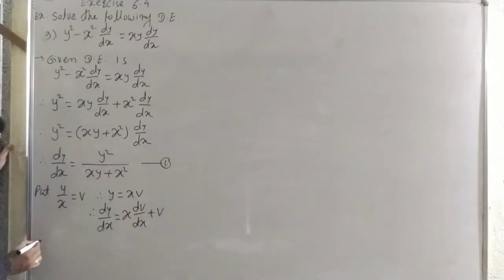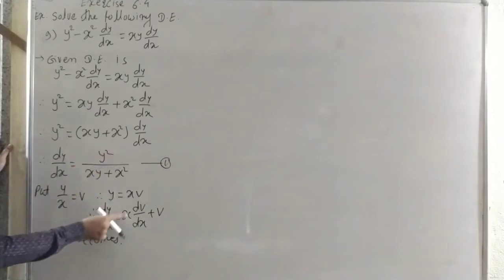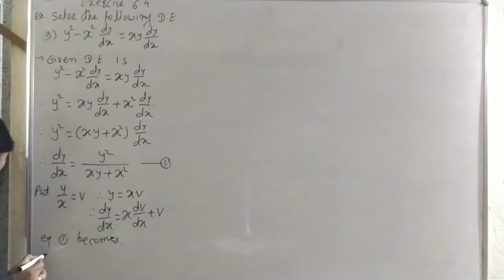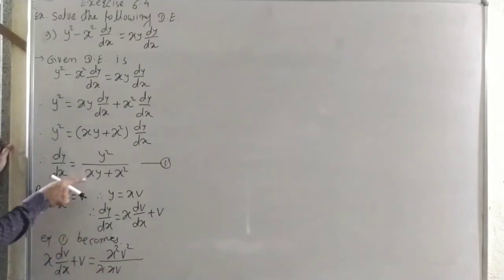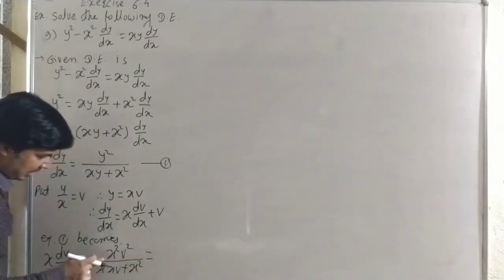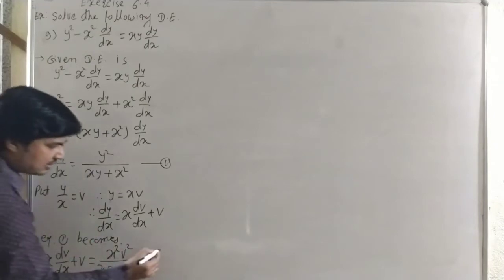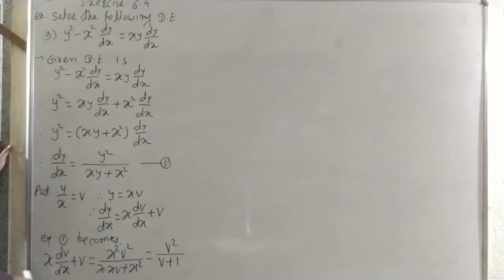Okay, therefore equation 1 becomes x dv by dx plus phi is equal to x square phi square upon x into x phi plus x square. Then x square is taken common and cancelled, we get phi square upon phi plus 1.